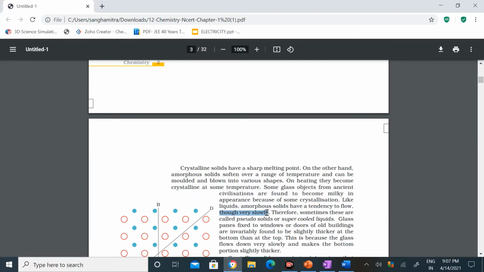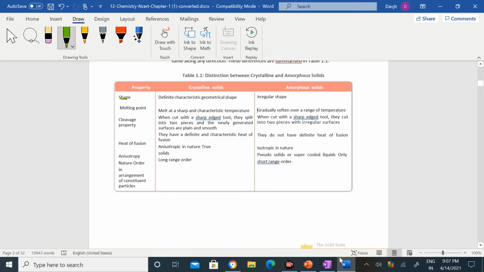An example I can give you: if you have visited any old church or old building, the window pane at the bottom becomes very thick. Gradually over the years, observers noticed that the bottom part became thick and the top part became thin.